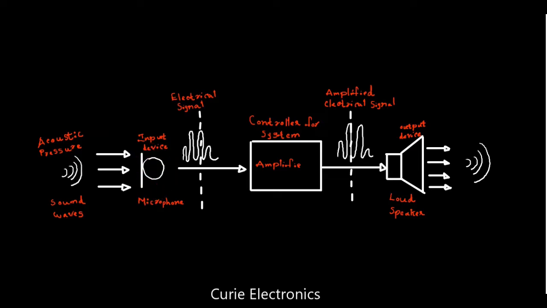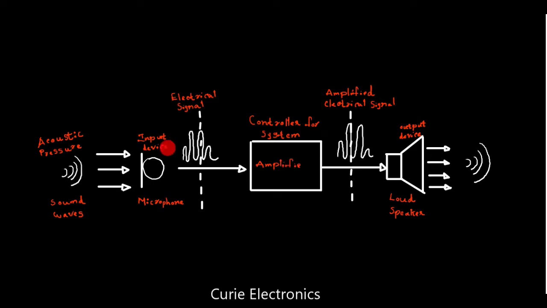When you talk to a microphone, what happens? That sound waves vibrate the microphone diaphragm and that will get converted to electrical signal and it goes to the amplifier.